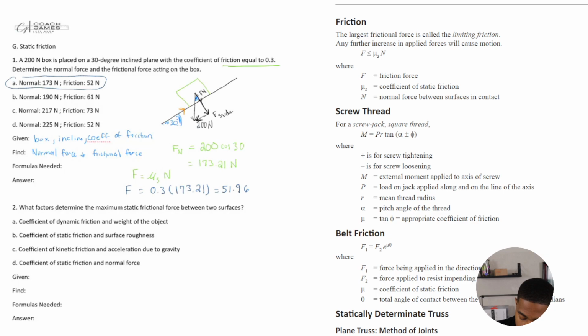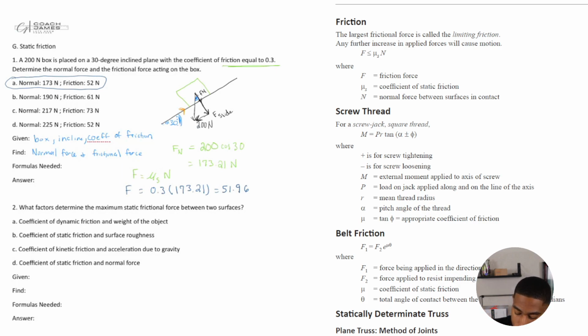So the main thing is knowing how to draw your forces, knowing what normal force actually is, and knowing that normal force is always going to be perpendicular to your surface.